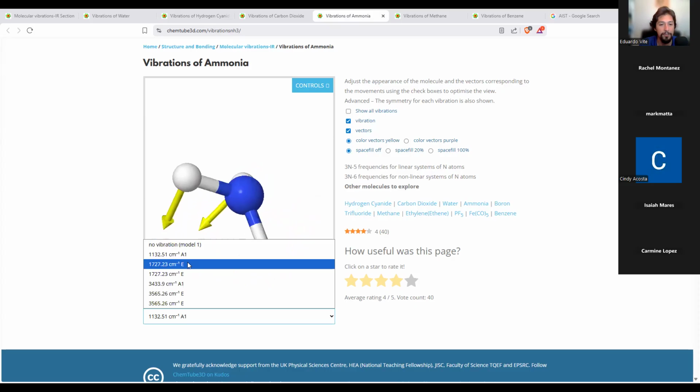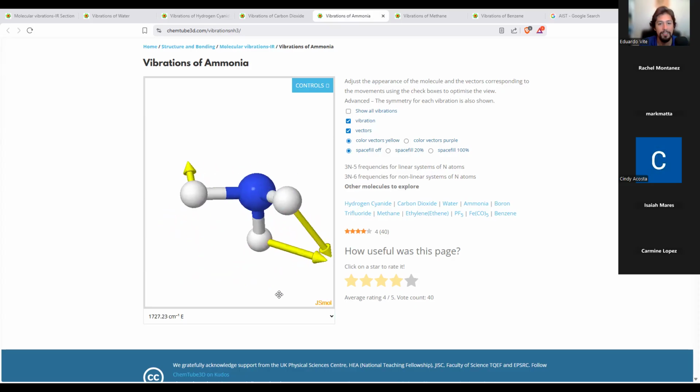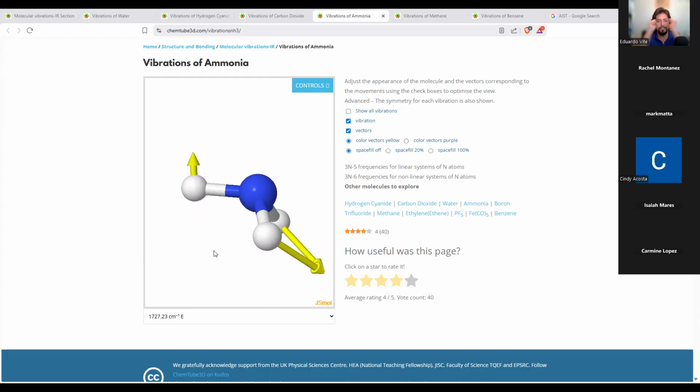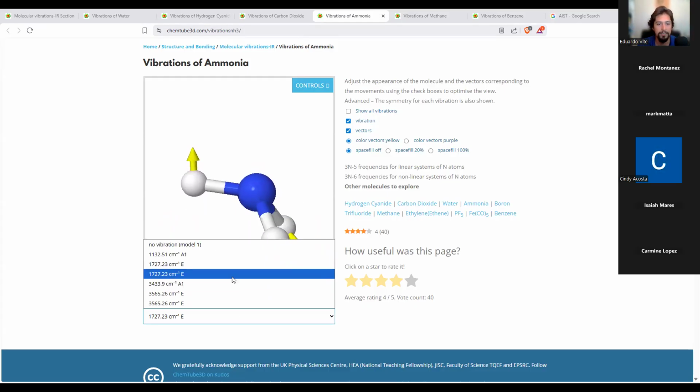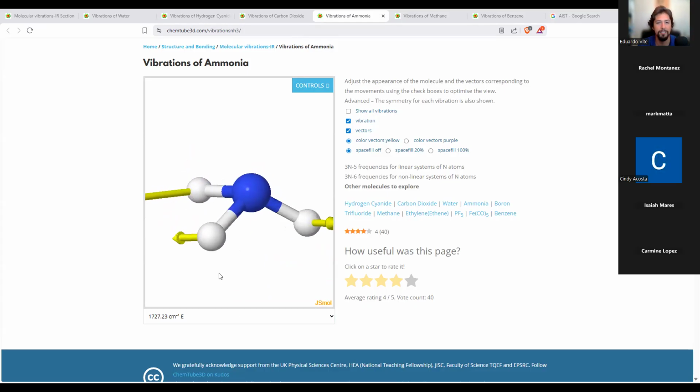There's another one at 1727, and you can see this one is like when you're doing those crunches with the machines, right? One of them is going away and the other one is coming down. So again, molecular yoga definitely can do it. Here's another one. Look, it's kind of like moving side to side, like back and forth, like a dog that is going to the park and is sniffing around, right?